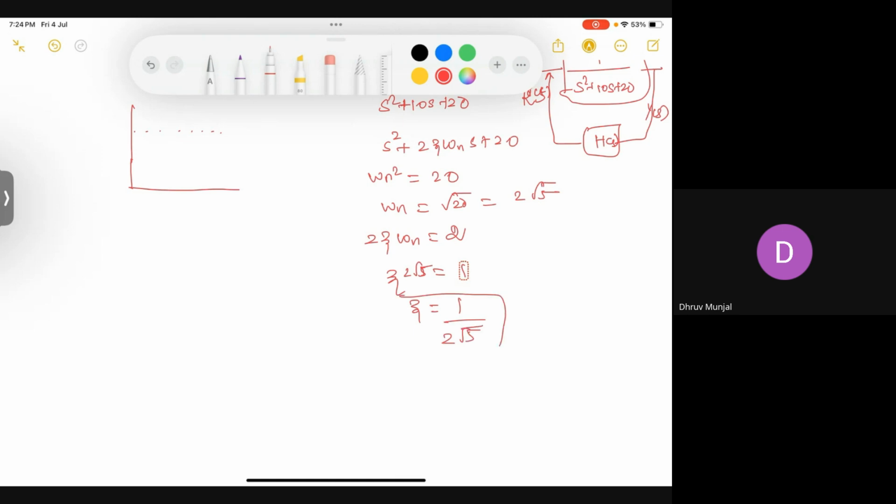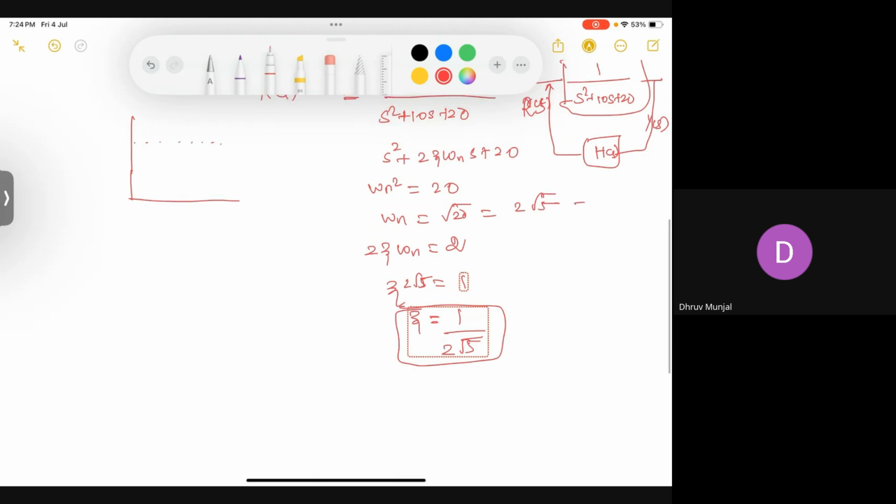Okay. If anyone could calculate this value, let me know. What is this and what is this? One by 2 into root 5. It is similar to 0.22. 2 root 5 would be 4.47.